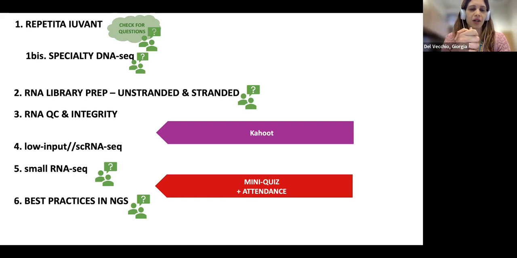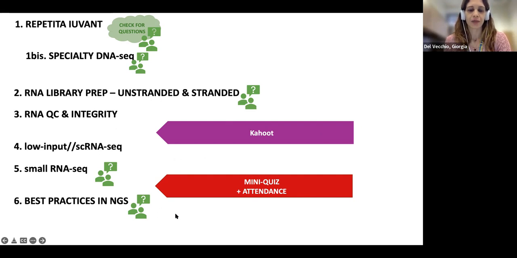Last library prep I'm going to cover during this workshop is the small RNA sequencing. And then we will finish talking about just summarizing the best practice for NGS library prep. And as for yesterday, we are going to have a Kahoot, so a live quiz, mini quiz during the class.